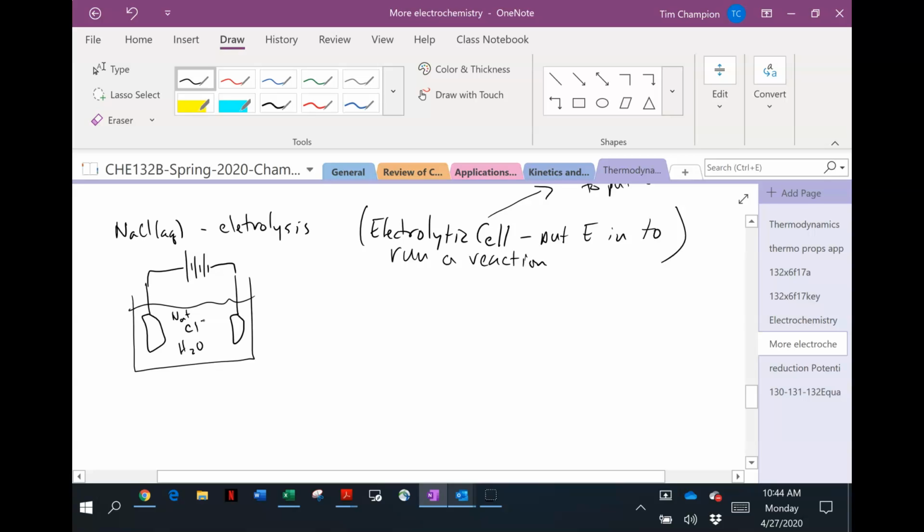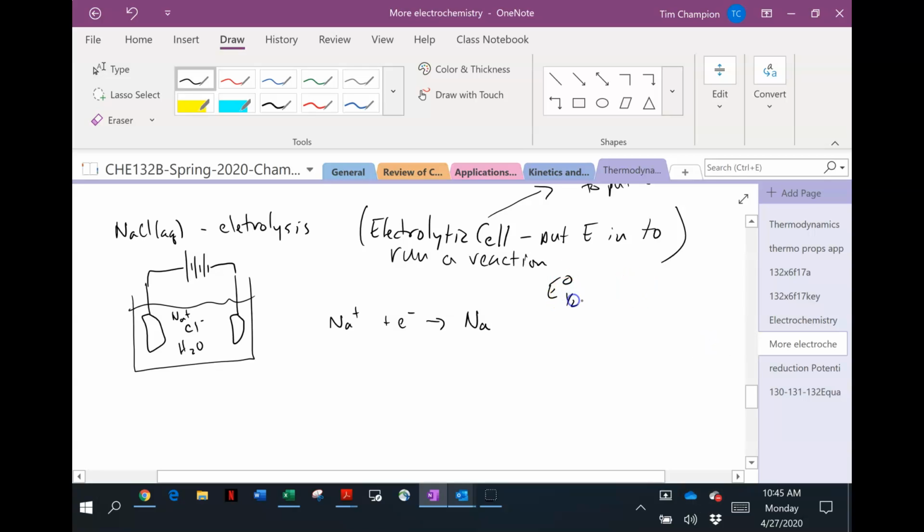What's going to happen? Well, we have to think about all the possible processes. So what's reasonable to happen to the sodium? Well, the sodium could pick up an electron and go to sodium metal. That's a known process. You've never seen sodium plus 2 or plus 3 or whatever, so sodium ion's not going to lose electrons and get oxidized. It's pretty much the only thing that could happen for sodium here.